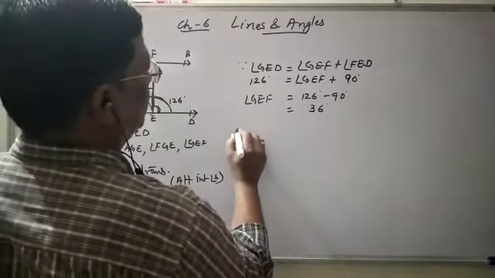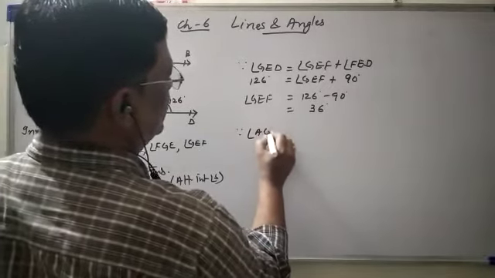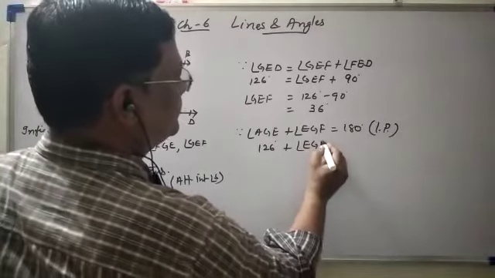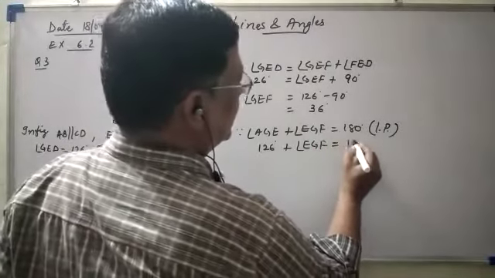Because angle AGE plus angle EGF is 180, these are a linear pair. This angle plus this angle. So angle AGE is 126 degrees, that we have already found. So 126 degrees plus angle EGF is 180.